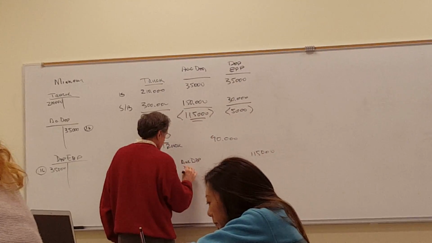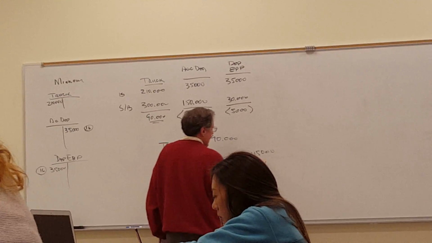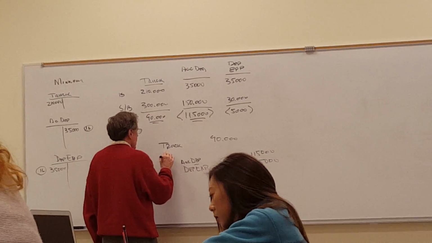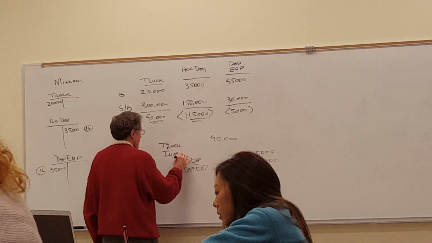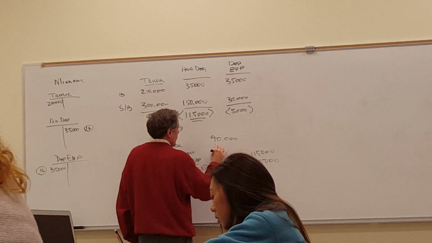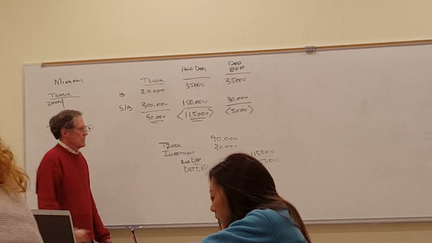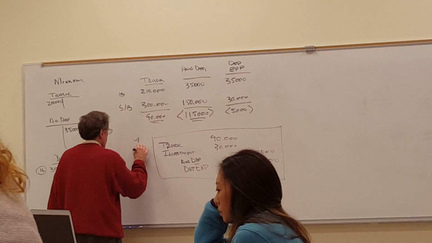We have a credit to depreciation expense for 5,000, and we have a debit to investment for 30,000. So this would be our entry for year 2.